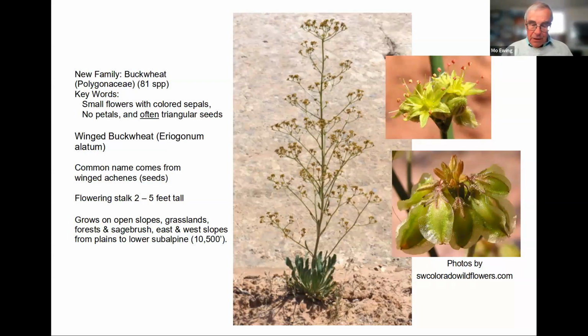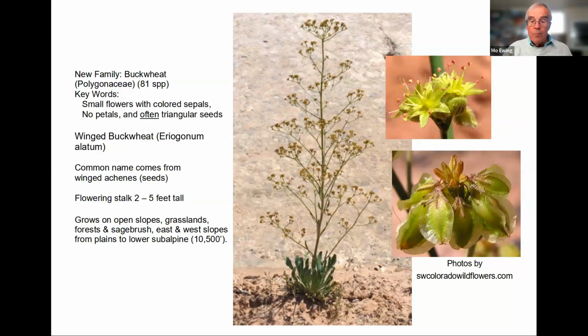But occasionally, and this is the case with buckwheat, it stays in a basal rosette for 2 or 3 years, and then flowers, and then dies, and then it starts over again. The seeds grow another basal rosette, it comes back a couple of years, 2 or 3 years, and then it flowers and dies.